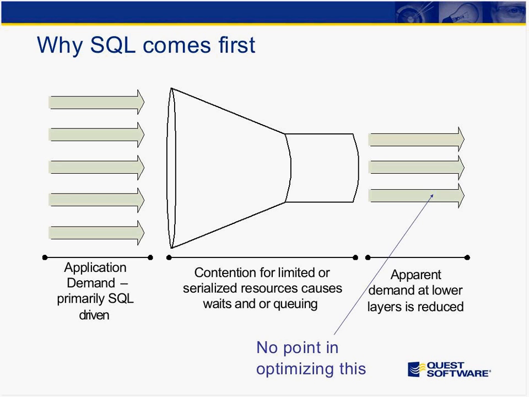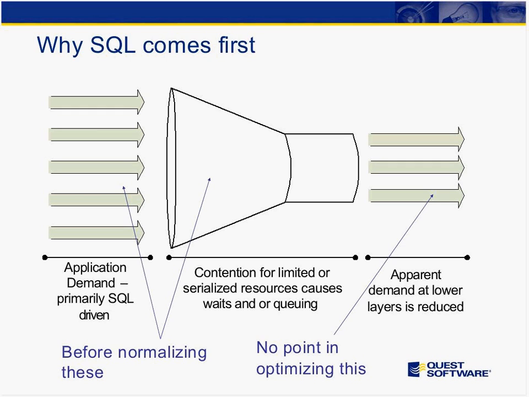But there's no point in optimizing how your disk performance is working if you haven't first resolved the SQL that's coming into the Oracle system and the contention for the resources in Oracle itself.